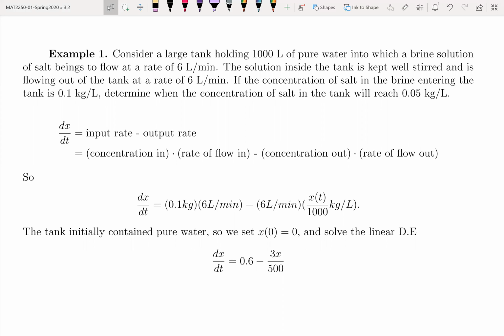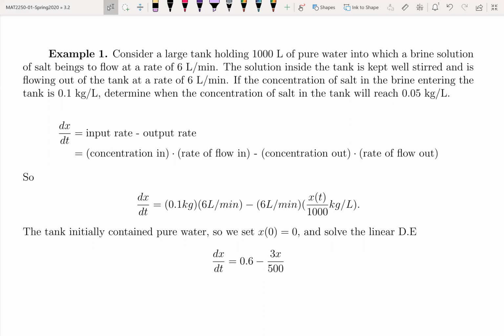Okay, ready? Consider this large tank that has 1,000 liters. It was originally pure water. And then you're trying to bring in salt, and the rate for flowing in is 6 liters per minute.